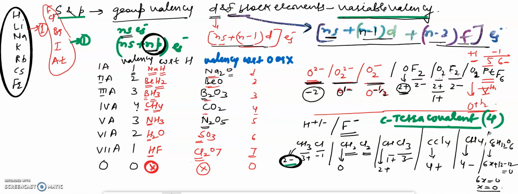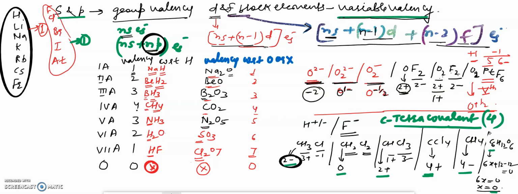In CH2Cl2, carbon can show 0 oxidation state. In CHCl3, that is chloroform, carbon can show 2 plus oxidation state. In carbon tetrachloride, that is tetrachloromethane, that is perchloromethane, the oxidation state of carbon is 4 plus. In CH4, the oxidation state of carbon is 4 minus, and in glucose, carbon has 0 oxidation state.